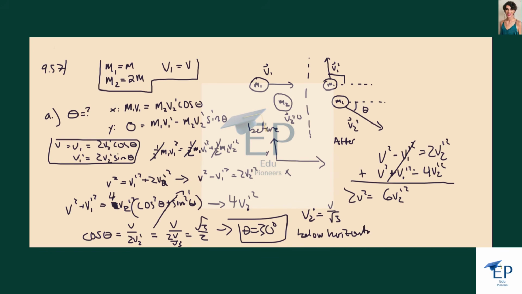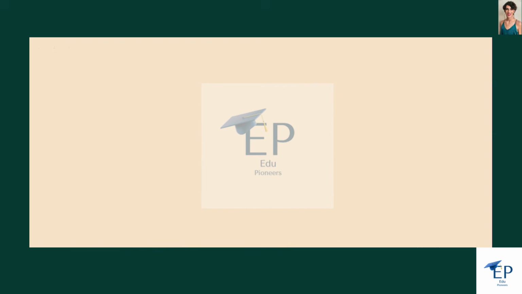Okay, so let's figure out what B wants us to do now. For part B, it says, what are the final speeds of the two particles? Well, we already saw that v2 prime was given by v over root 3. We also know that v1 prime is 2 v2 prime sine theta.